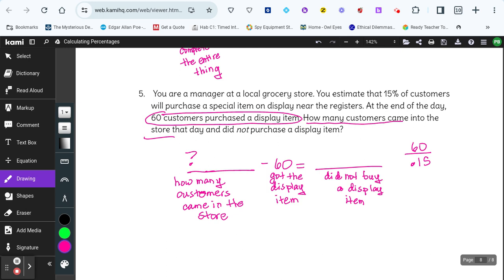Let me find my calculator. Okay, here we go. We're going to do 60 divided by 0.15. 400 people came in the store.